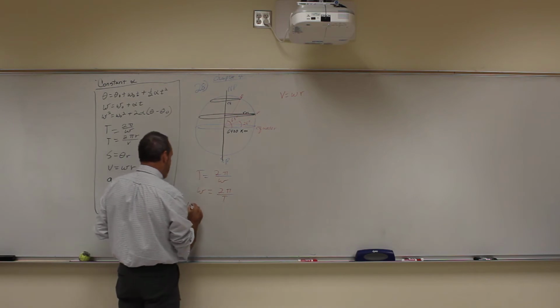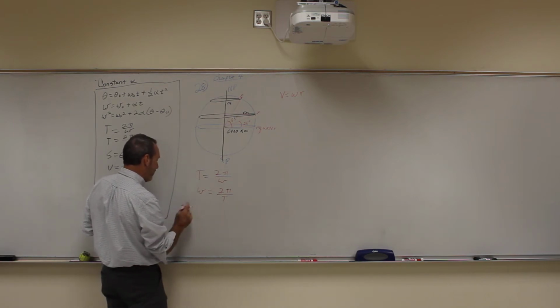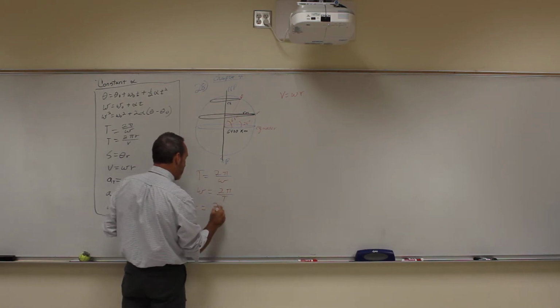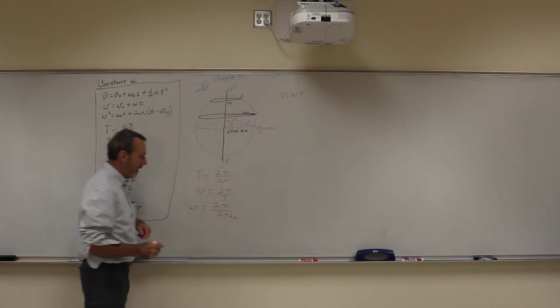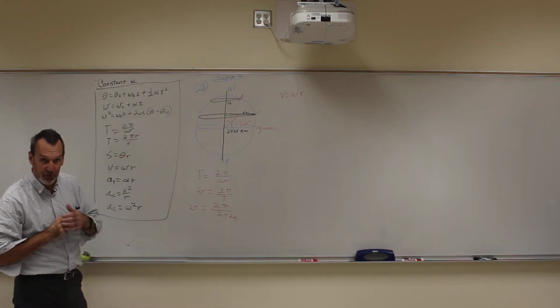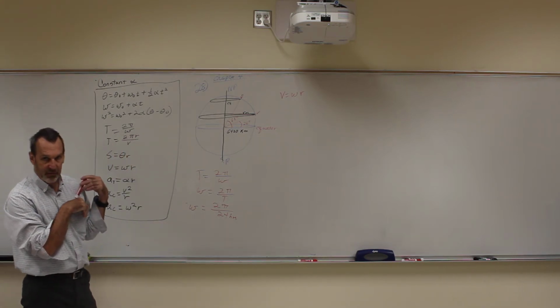Omega is equal to, well, we know the period of one rotation of the Earth is just 24 hours. However, we have to convert that to seconds.